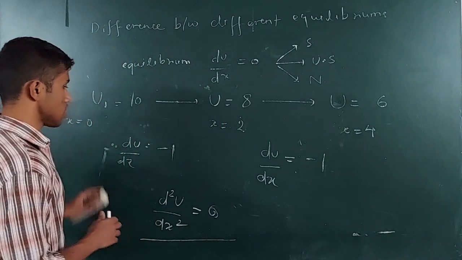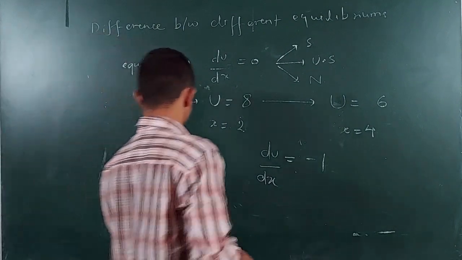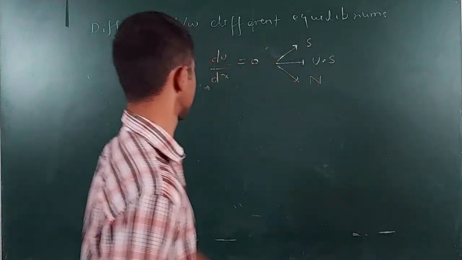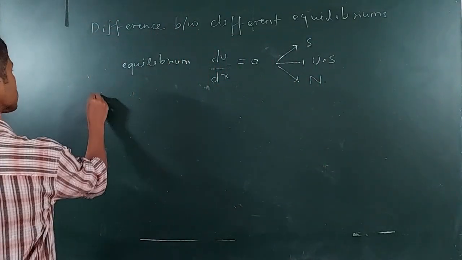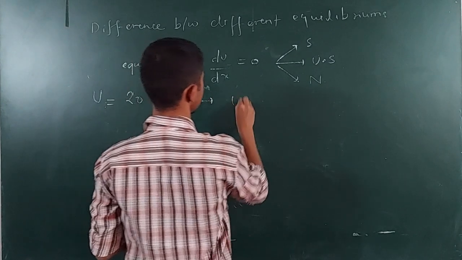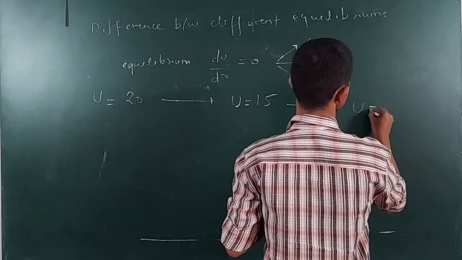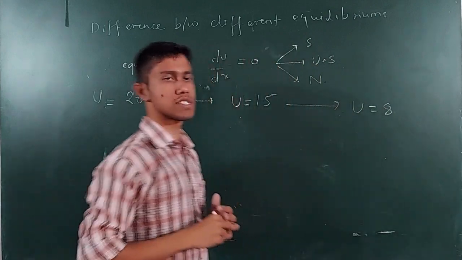Okay. One more example. Suppose u at this point is 20, then it changed to u equals 15, and then it changed to u equals 8.